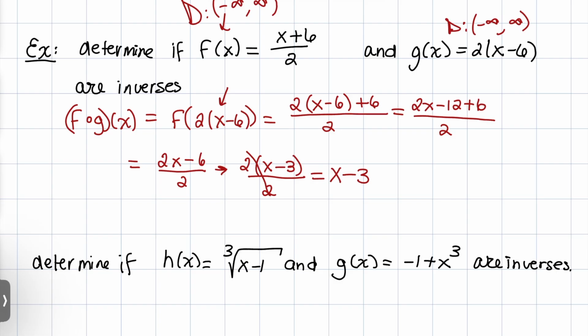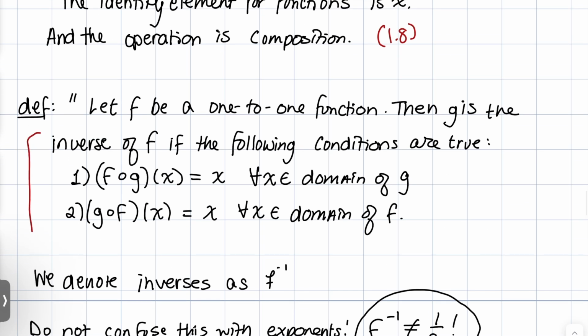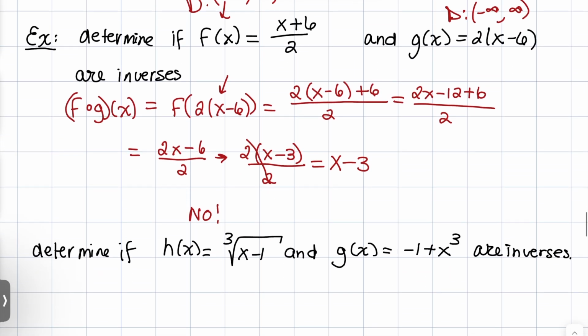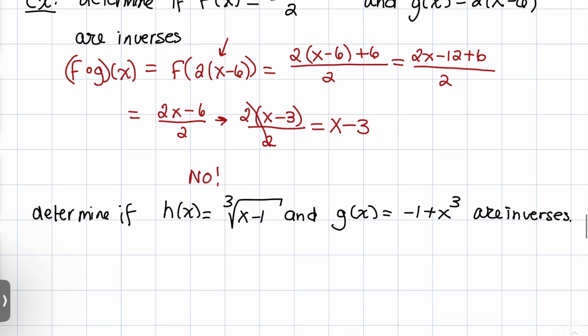So since this does not give us x back, we can stop here and we can comfortably say that these are not going to be inverses of each other. So the answer is no. Since this formula and this definition says that both of the conditions have to be true, once one fails, they both fail. So for this one, the answer is no. They are not inverses.